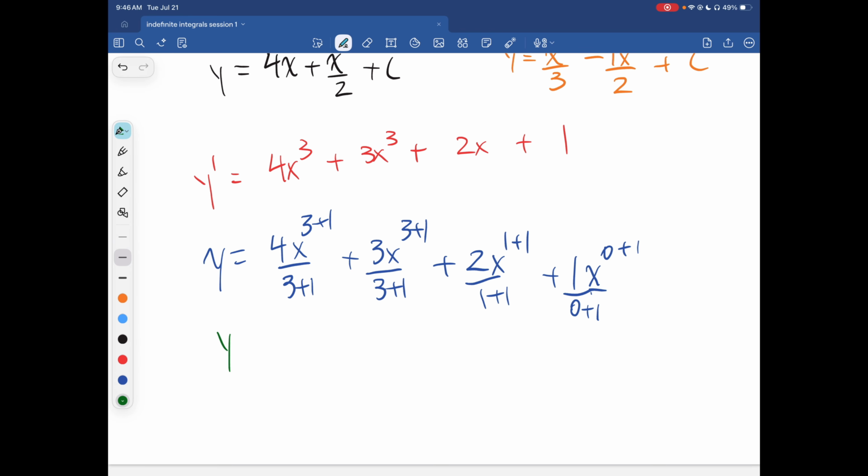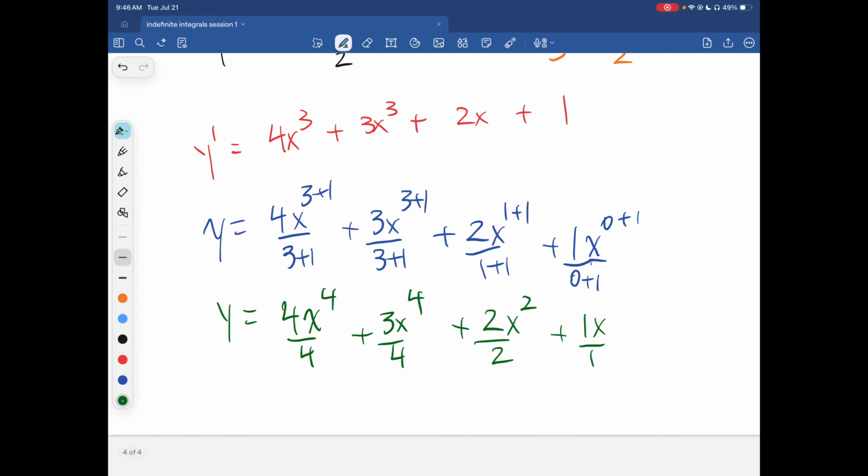So we know that this is going to be y equals 4x to the 4 over 4 plus 3x to the 4 over 4 plus 2x squared over 2 plus 1x over 1.